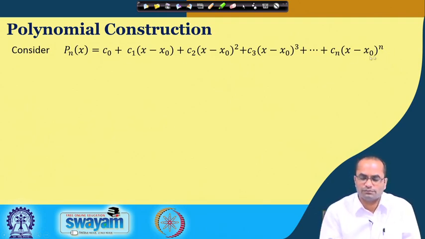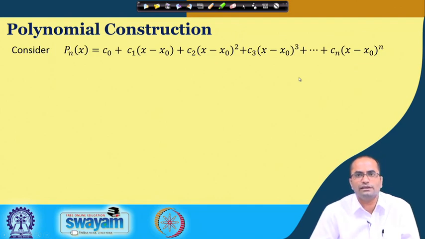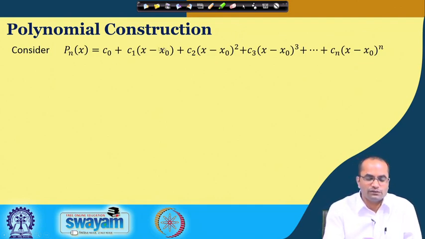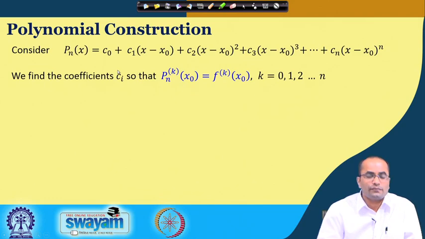We have taken this special form of the polynomial for the convenience of evaluating the unknowns c 0, c 1 and c 2, but one can also assume any general polynomial of degree n. Now we want to find these coefficients c i's.